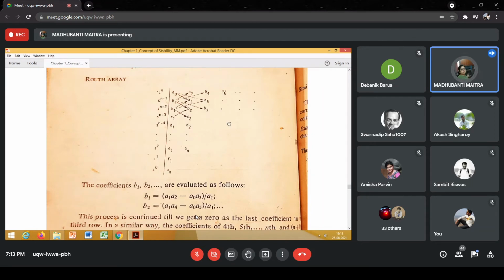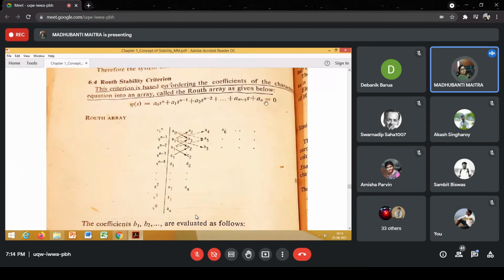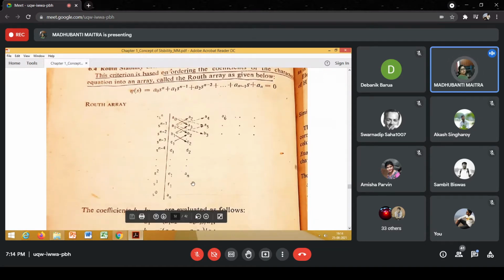So these are the elements, and once we compute all this C, D, E, this one is n. When we solve the problems, you'll find that this n, the last coefficient, that means coefficient of s to the power 0, will be the second element of this particular row, which corresponds to a term s square.